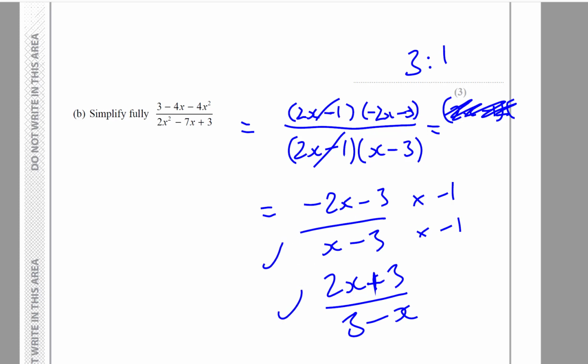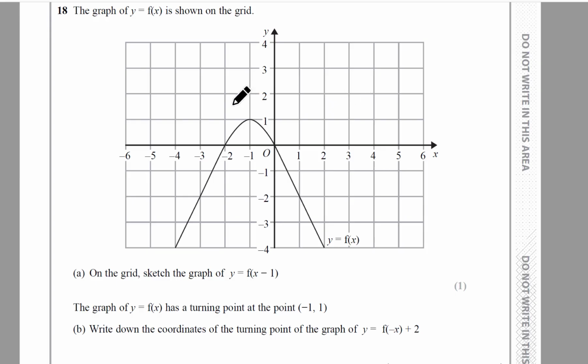They're both fine. Right, we're almost done, and my new tablet does not like drawing these zoomed in, but I'll try to be as accurate as I can. So on this grid, worth 1 mark, you've got f of x here, f of x minus 1. Remember we solved this: when it's on the inside, it affects the x, and on the outside it affects the y, up or down. So if it's x minus 1, that's plus 1, so everything's going to shift 1.